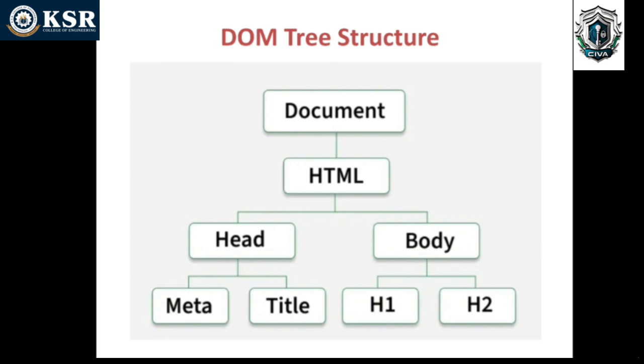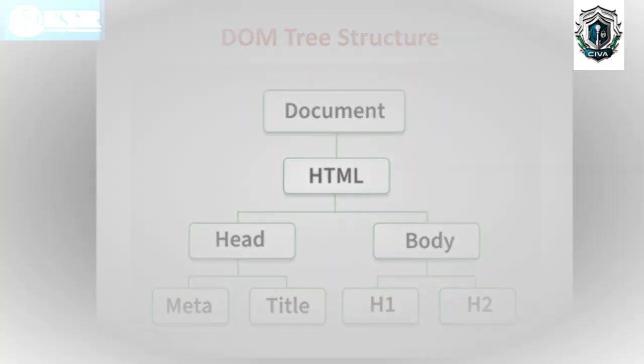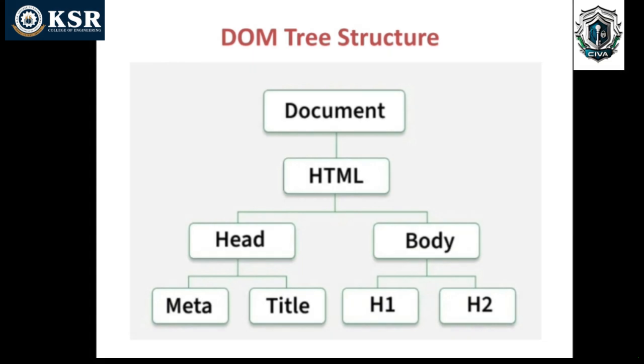Here the document serves as the root element. The HTML tag is the child of the document. Head and body tags are the children of the HTML tag. Meta and title are the children of the head tag. H1 and H2 are the children of the body tag.